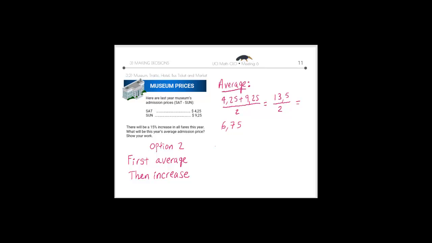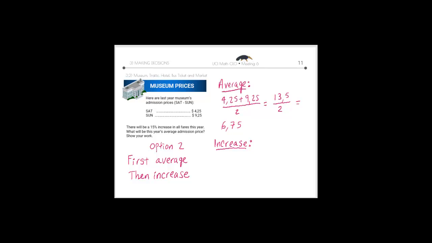And now let's do the increase. And so this is the advantage of this second option. We just have to do one 15% increase. So let's do it. Again, you could either take a calculator, but let me illustrate a different method using mental math.